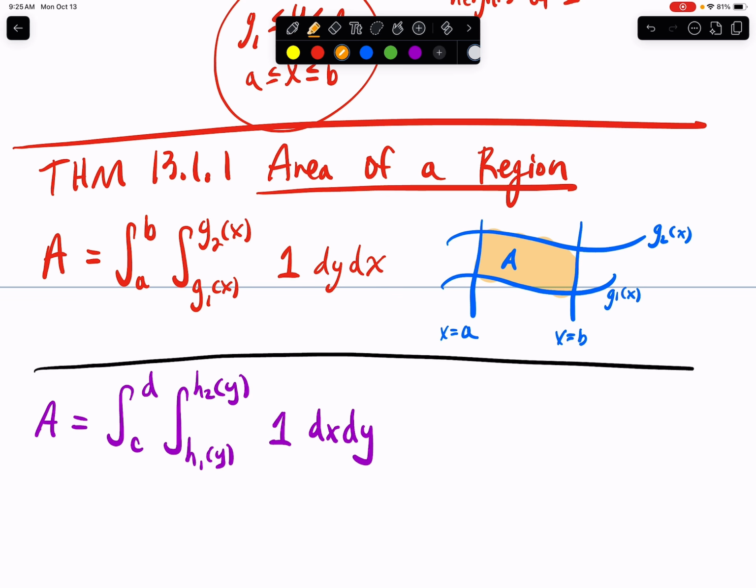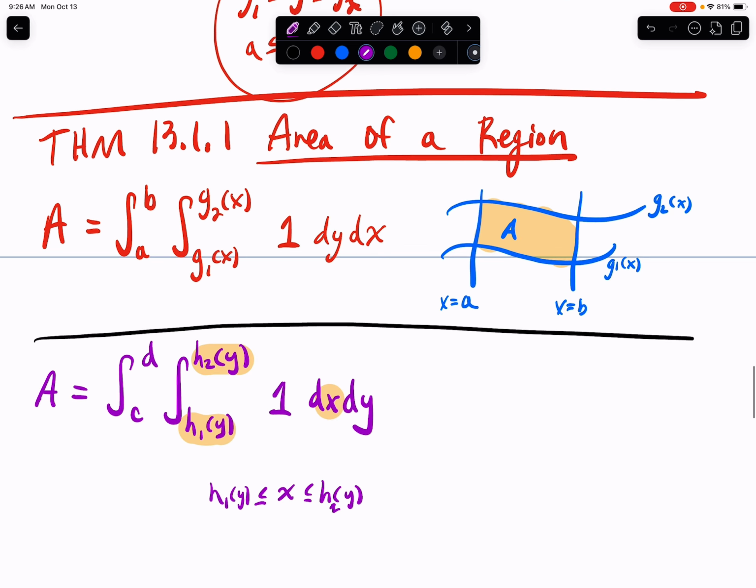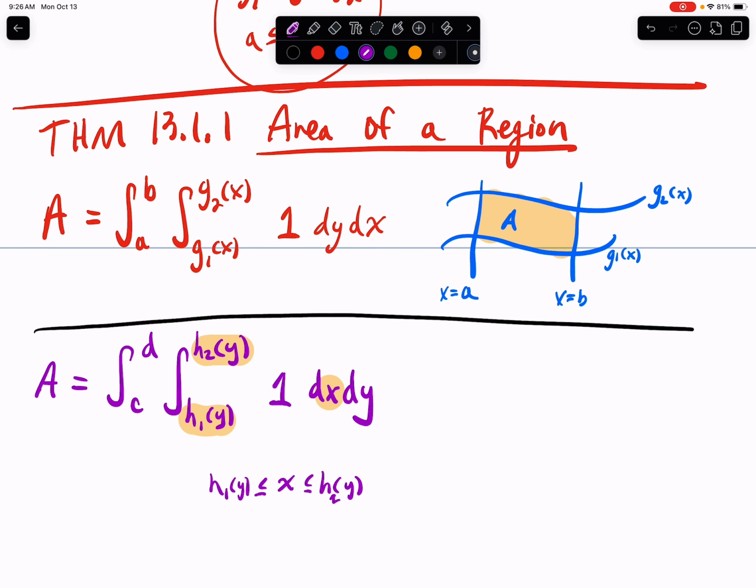It tells me integrating with respect to x from here to here, so x is stuck between h1 of y and h2 of y, and y is between c and d. What does this picture look like?